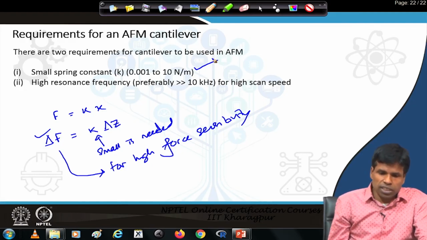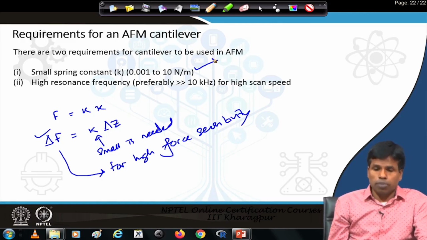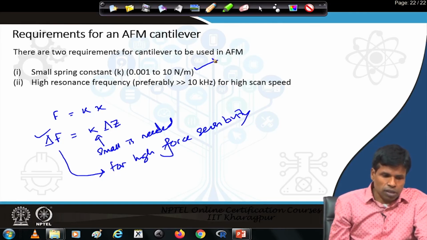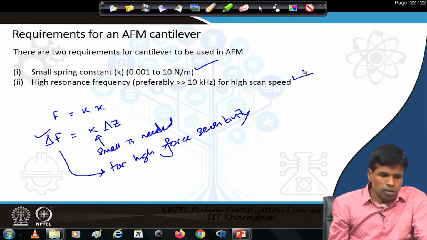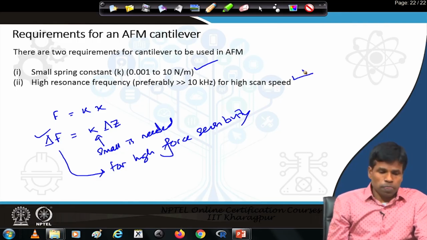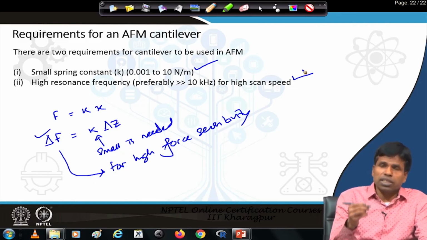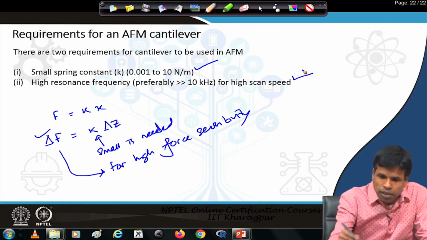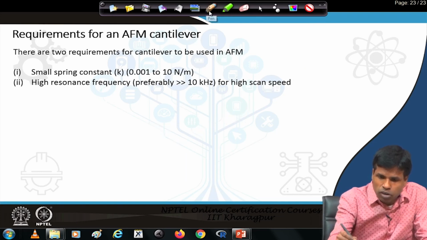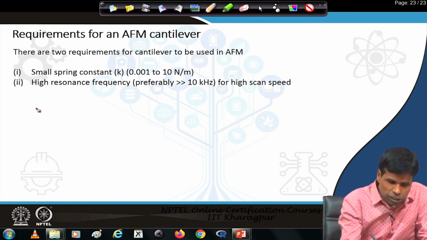The second requirement is a high resonance frequency, preferably greater than 10 kilohertz, and this is required for high scan speed. We shall see later that in the dynamic mode, the tip or cantilever will be oscillating.